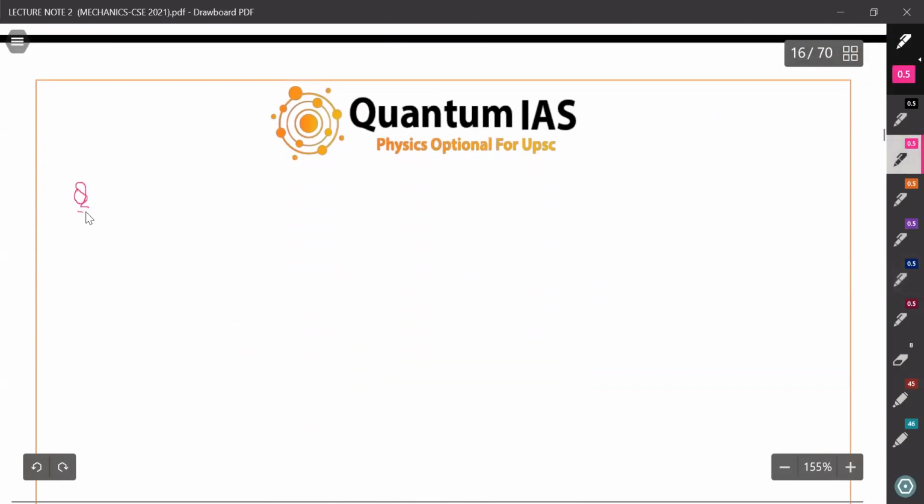Next. So we are doing similar types of questions so that you get confidence in how to solve this question, and these types of questions are very familiar in your UPSC examination. Show that two forces are conservative.